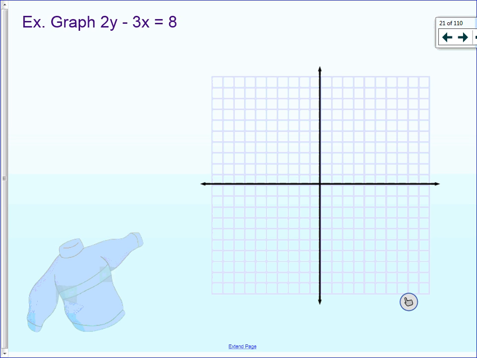Yes. So it's 3 times that. This one causes some wrinkles.